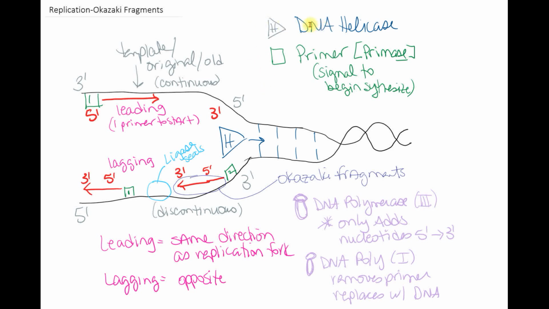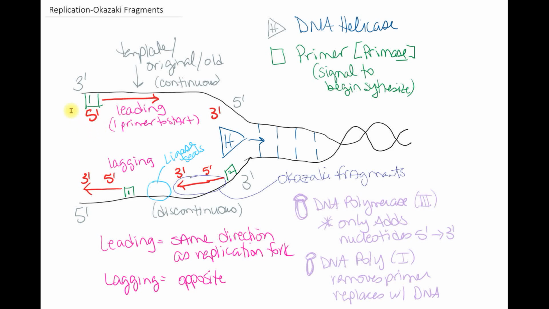So we have DNA helicase. Anything that ends in ASE is an enzyme. This helicase is going to unzip, or break the hydrogen bonds, as it opens up the DNA molecule, preparing for new free-floating nucleotides to attach and join. It does this at the same time to make it more efficient.